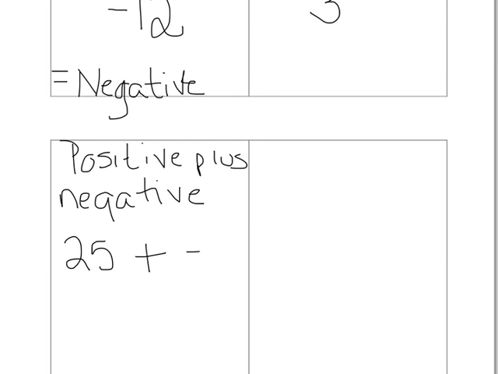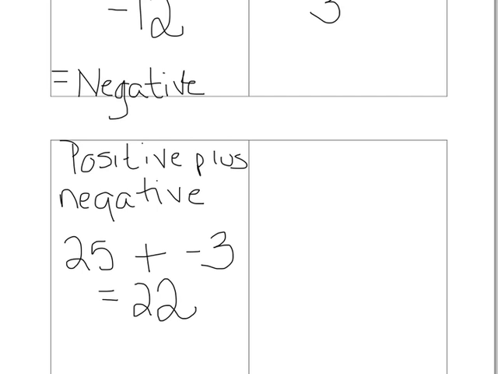So $25 plus a negative $3 charge ends up being, the balloon's way up at 25. We're going to put on 3 bags of sand, which means we go down 3 units, so we end up at a +22 is what we have left. So in this case, our positive was bigger than our negative, so we end up being positive.